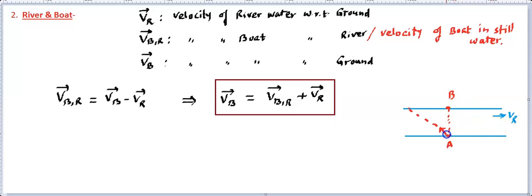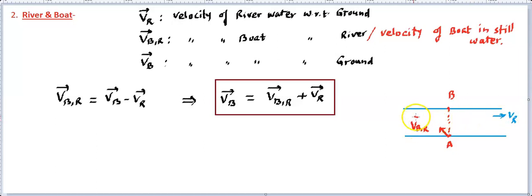So the boat will appear to move in some direction like this, but actually it will reach over here. So let me write here, if you are starting in this direction, that's going to be the velocity of boat as seen by the river, or with respect to river, and this is the velocity of river.